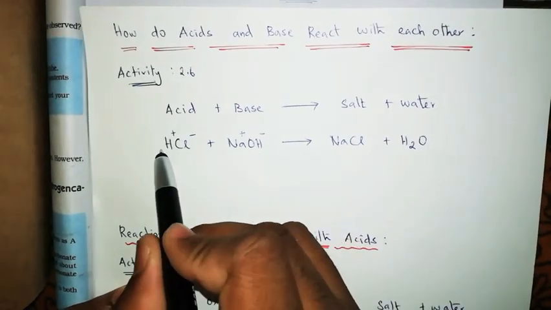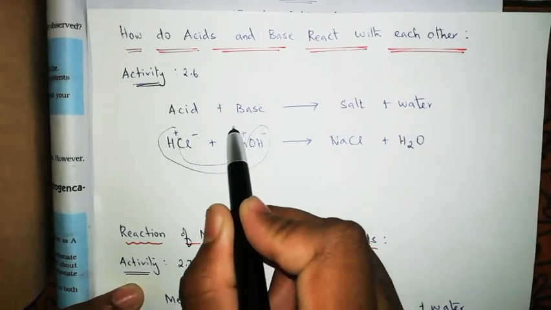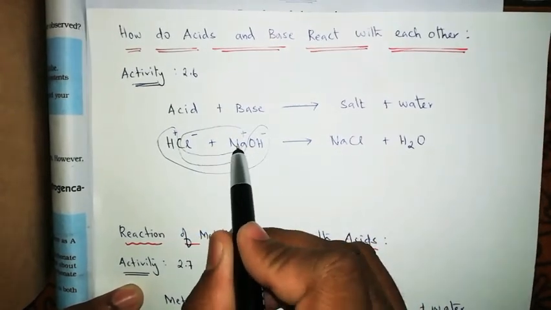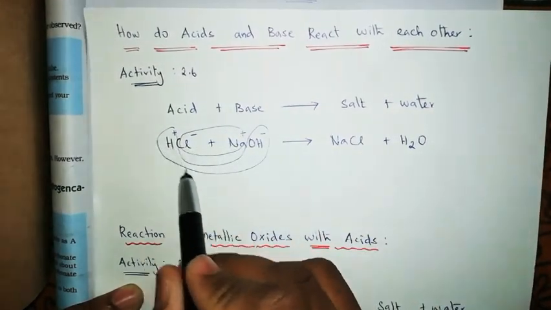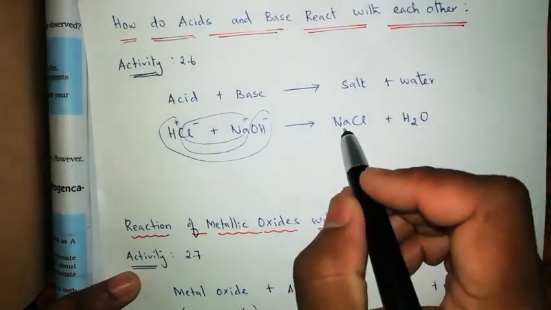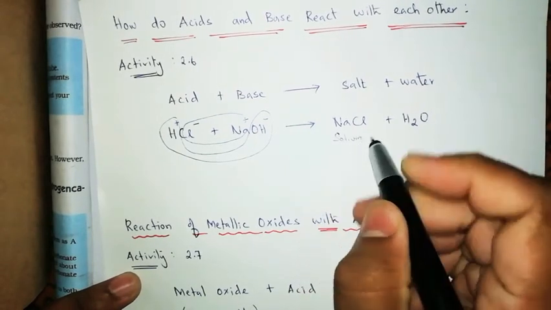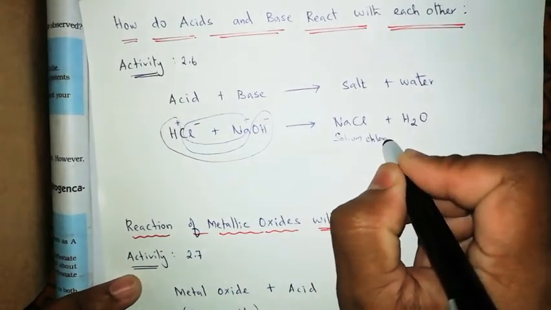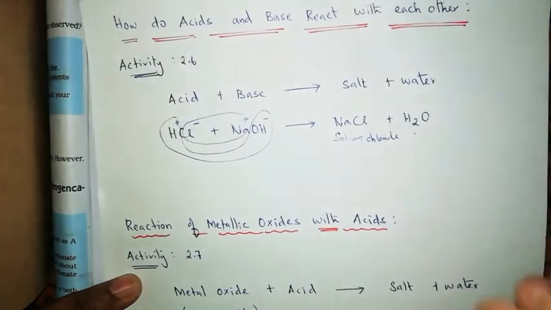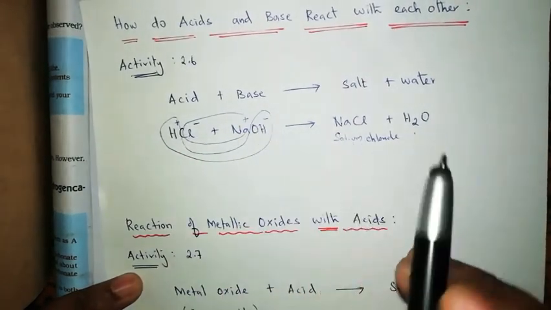Always a positive goes and sticks with the negative, and here it forms NaCl and H2O. That means it forms salt, sodium chloride, and water. So whenever an acid reacts with a base, you will find salt and water only.